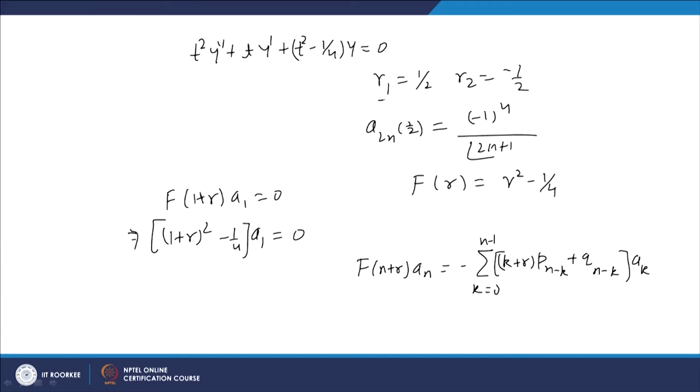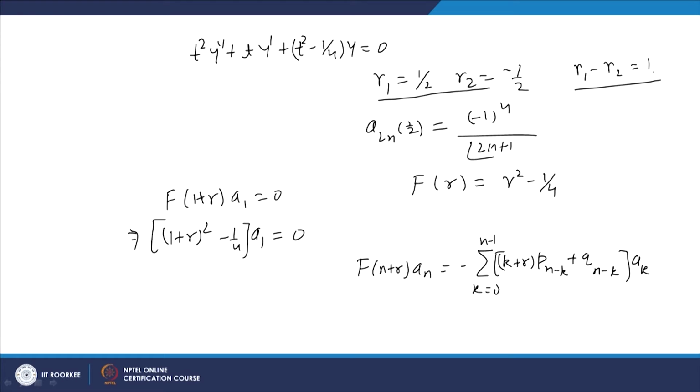We have already checked that t equal to 0 is a regular singular point, and we have also seen that the roots of the indicial equation are r1 equal to 1/2 and r2 equal to minus 1/2, so r1 minus r2 is equal to 1.